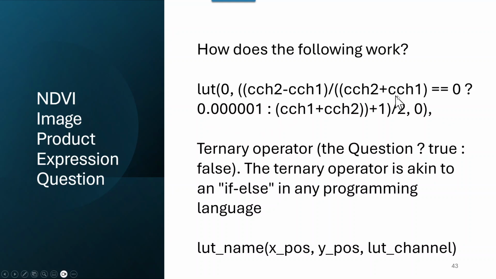If this first expression is false, then it does the second thing. And I also want to remind you whenever we use a let name, we're identifying the X position, the Y position, and then lastly the let channel.